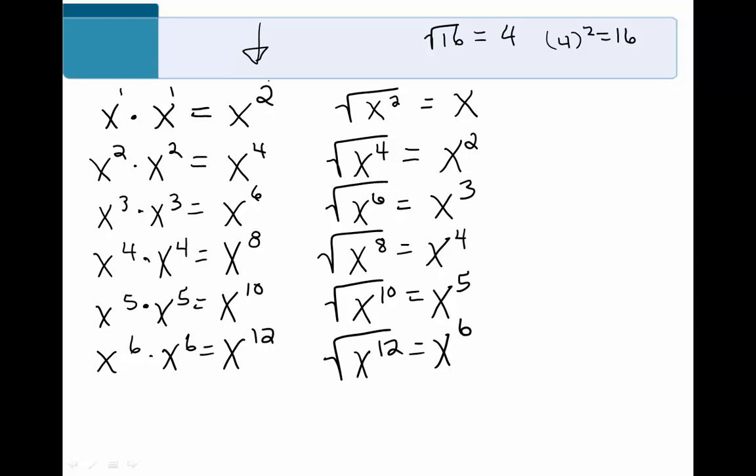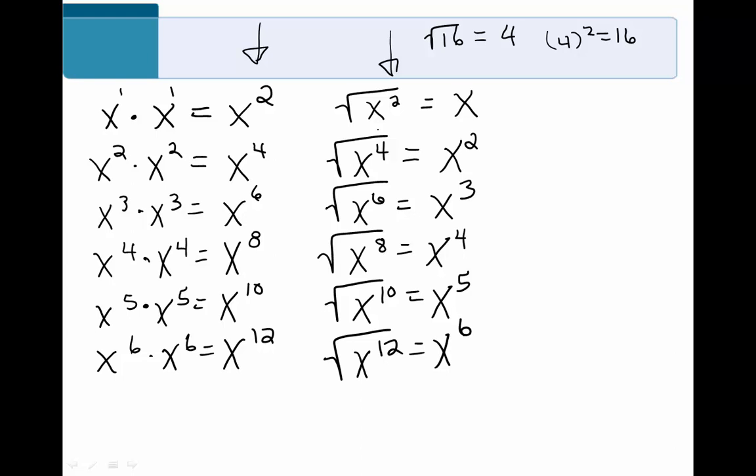Okay? If it's a perfect square, its exponent will be even. Now, over here, I've taken the square root of x squared and gotten x, the square root of x to the fourth and gotten x squared, and so on. And so what I'm asking you now is, if you're trying to take the square root of a perfect square, if you're trying to take the square root of a variable that has an even exponent, how do you do that?